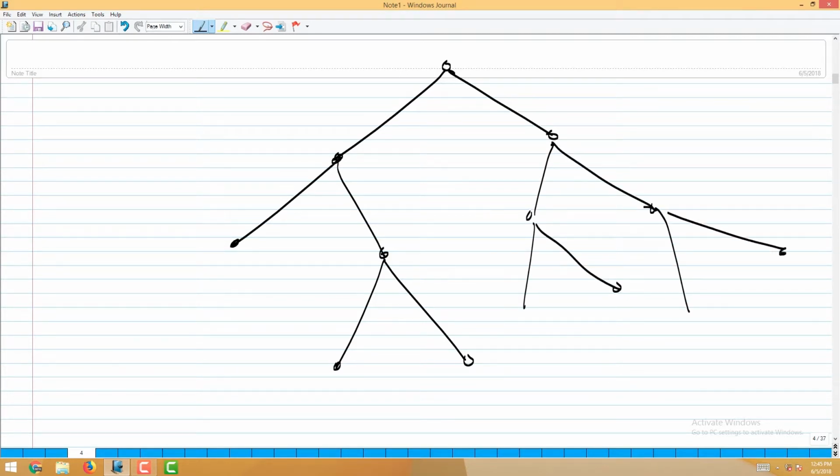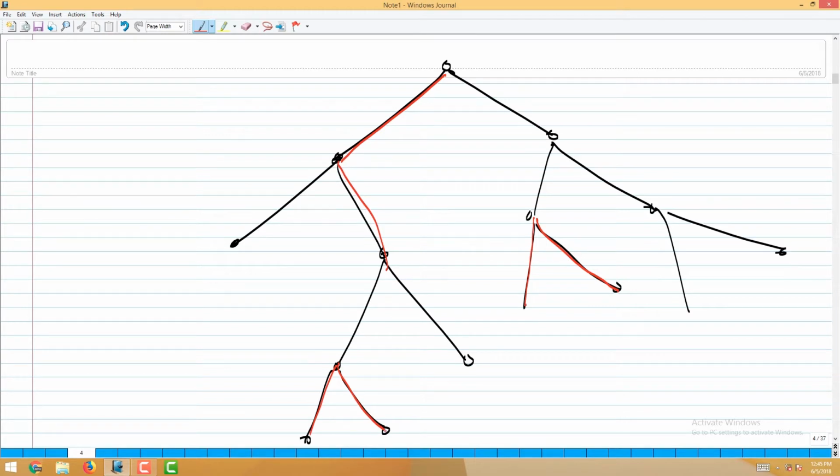Now this is whichever tree you want, and then you consider some set of subtrees of this tree. Maybe this is a subtree here, I can make another subtree here, and just another here.